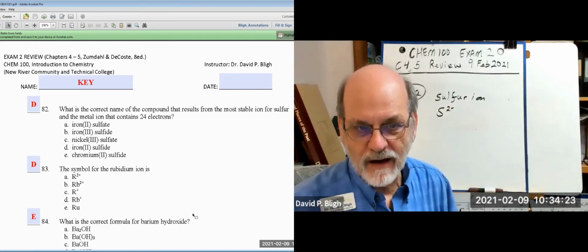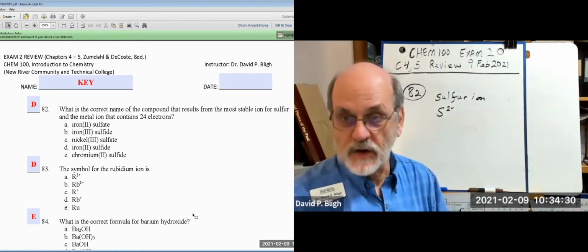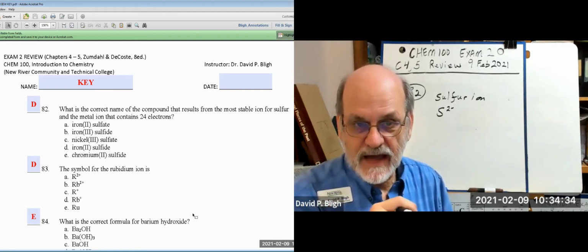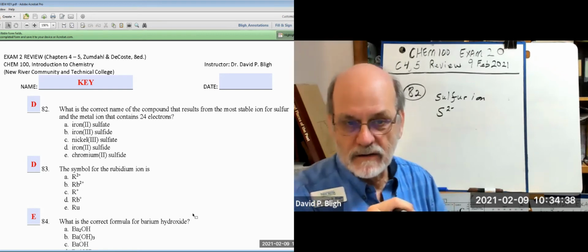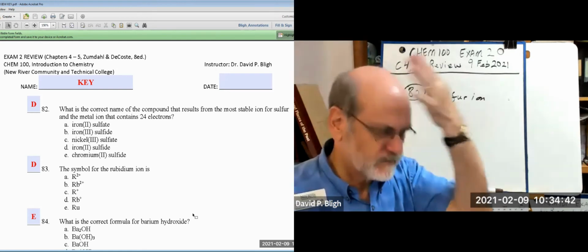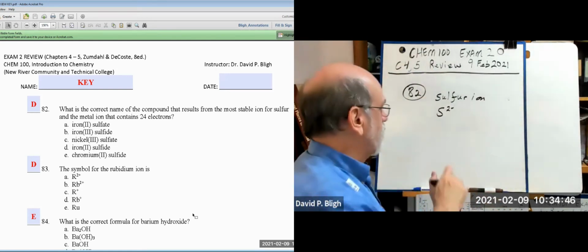A metal ion that contains 24 electrons, right? So we're not saying it's a polyatomic. It's a metal, excuse me. A metal ion that contains 24 electrons.